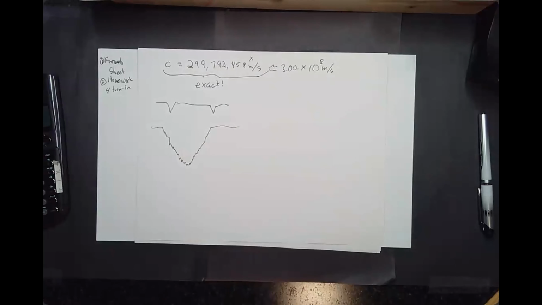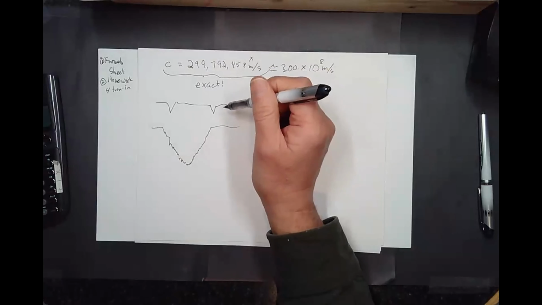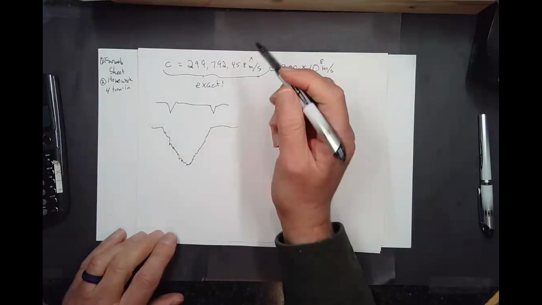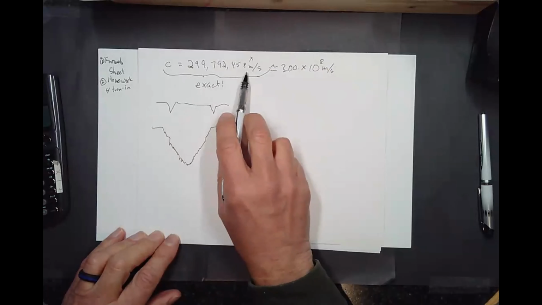It's a certain wavelength or a certain mode of vibration for a cesium atom, carefully defined in terms of which isotope of cesium it was and everything else. That was how the second was defined. So they just defined the speed of light to be this number.